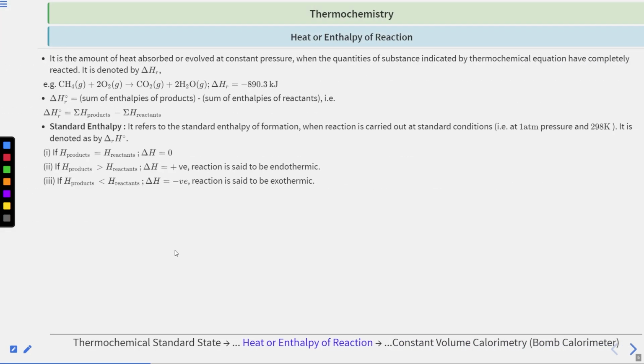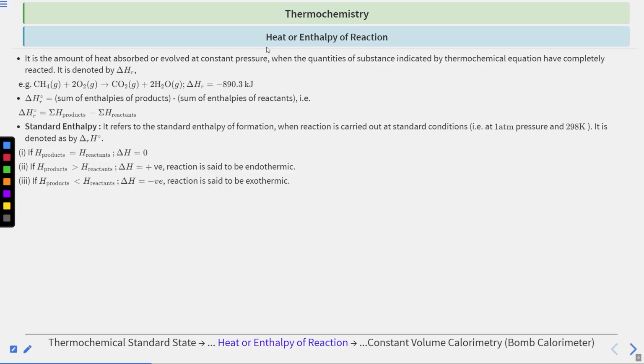Okay, so let's move to the next topic, that is heat or enthalpy of reaction. So what is enthalpy of a reaction? It is the amount of heat absorbed or evolved at constant pressure when the quantities of substance indicated by the thermochemical equation have completely reacted.